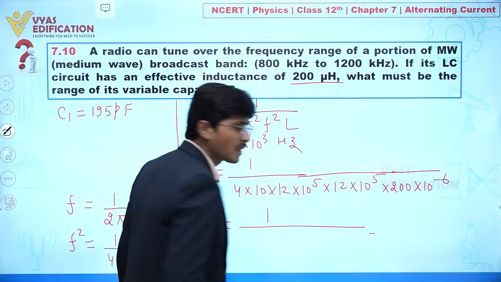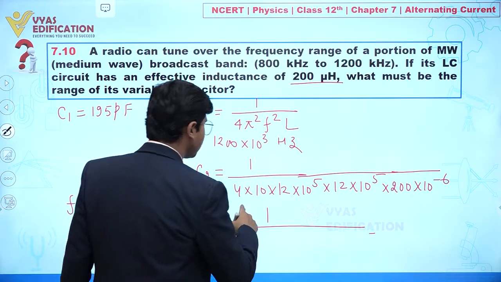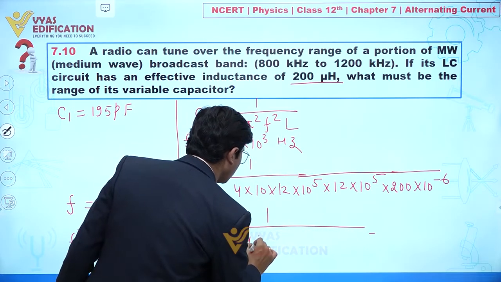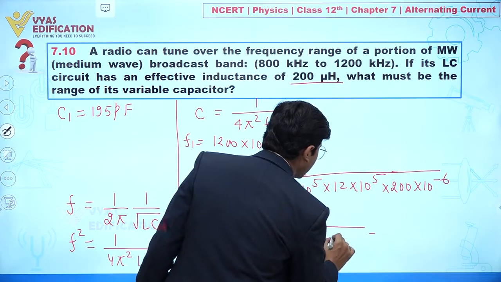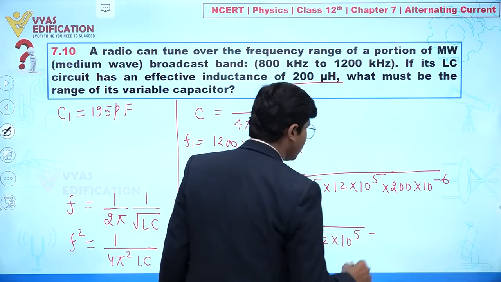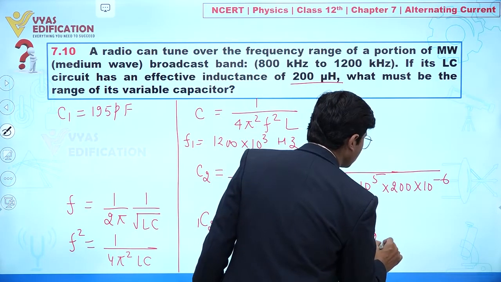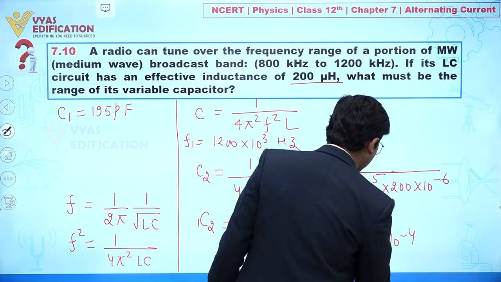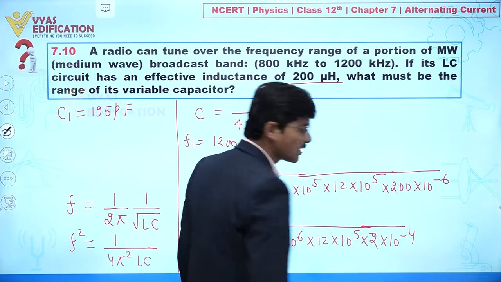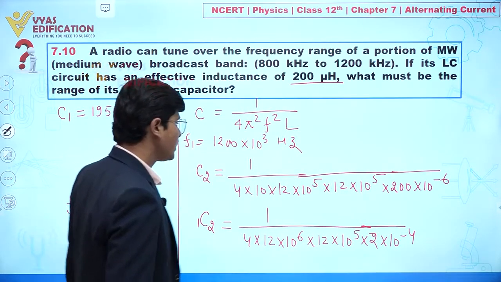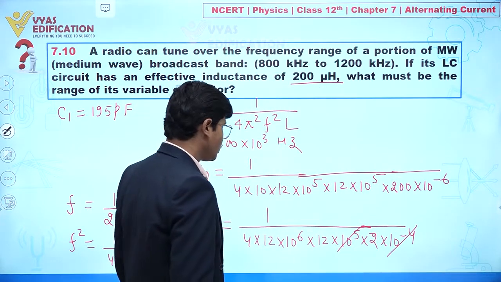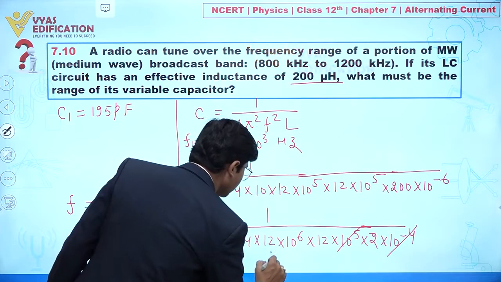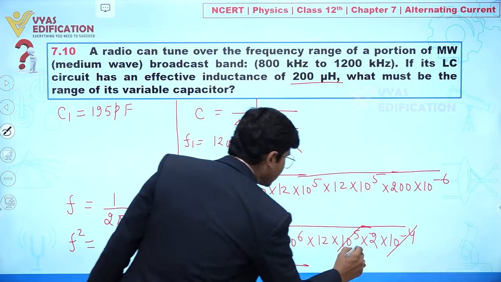Value of C2 is equal to what? 1 upon 4 multiply 12 into 10 to the power 6 into 12 into 10 to the power 5. Clear? Multiply 2 into 10 to the power minus 4. Now this one is 10, I am taking here.